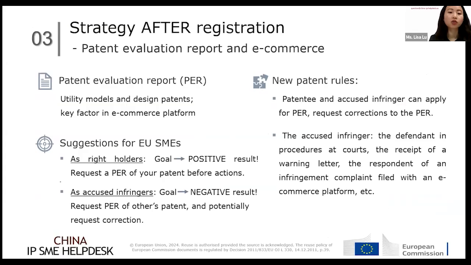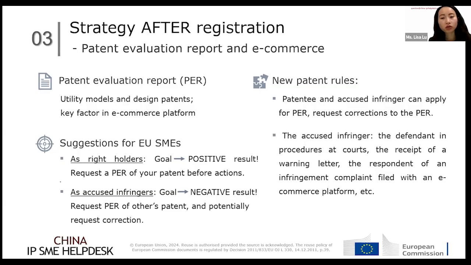And I mentioned many times the patent evaluation reports. And there are some new rules as an industrial design owner or utility model owner you should pay attention to. So the patent evaluation reports are very important for those two certain patents, not including invention patents, especially on e-commerce platforms.